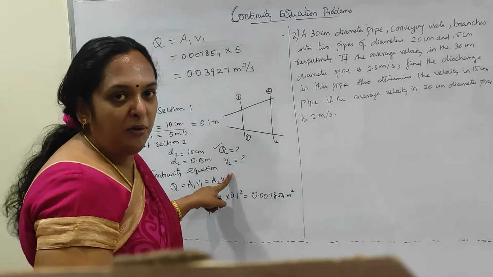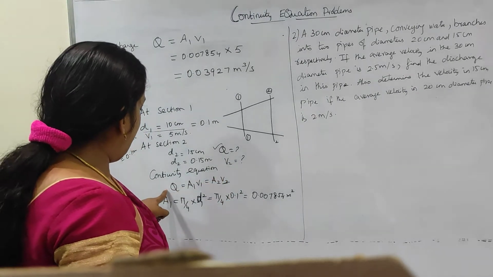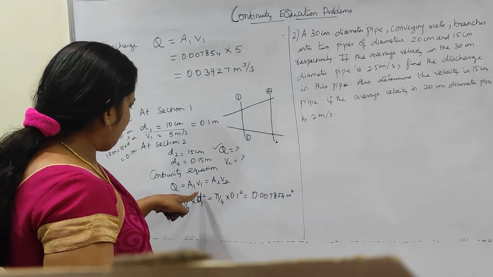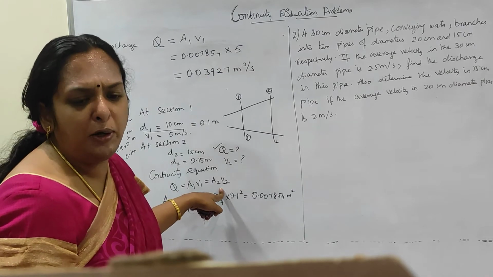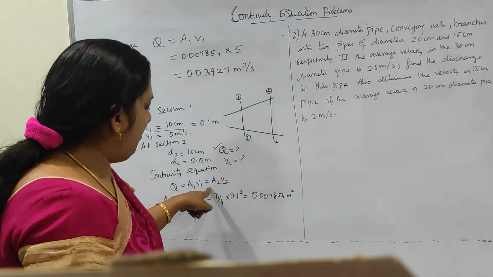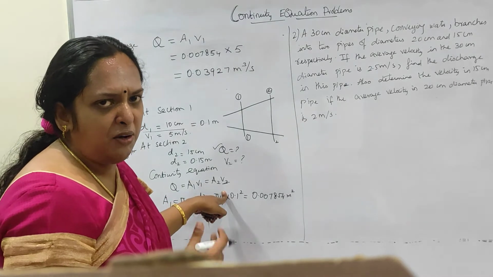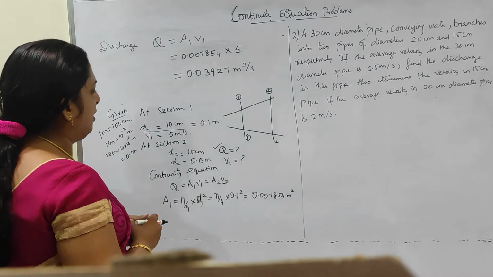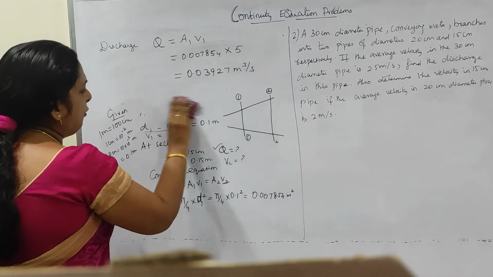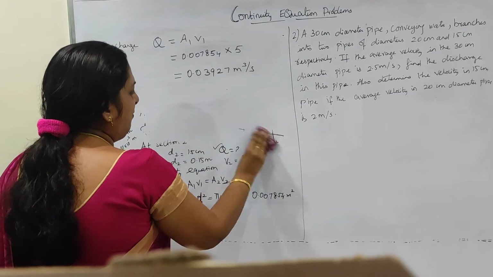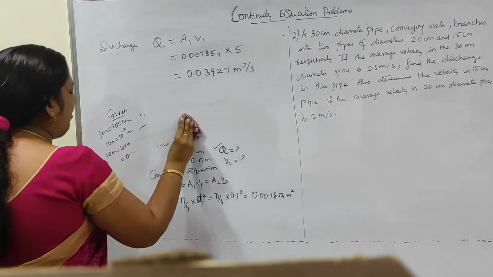Now I have to find V2. As per the continuity equation, Q is equal to A2 V2, or we can have A1 V1 equal to A2 V2. By using either of these equations, we will be able to find V2. Now I am going to use A1 V1 equal to A2 V2. Why are we doing so?